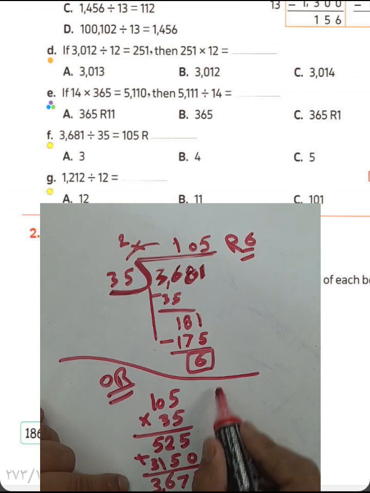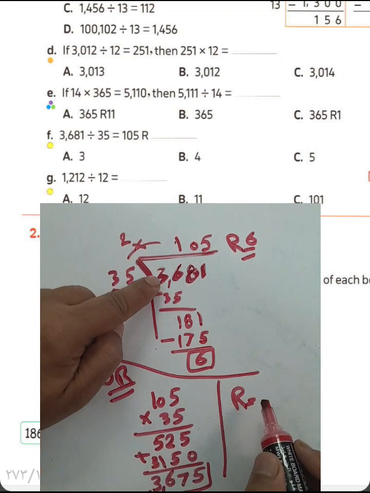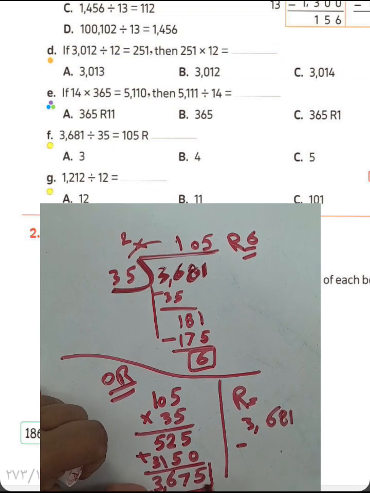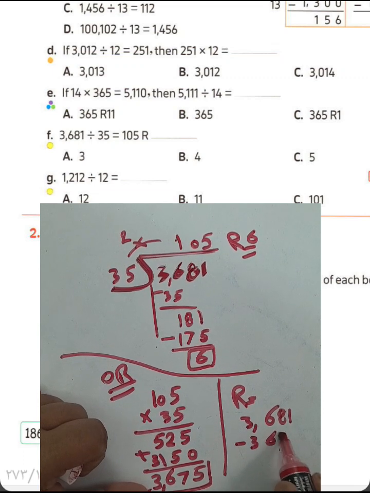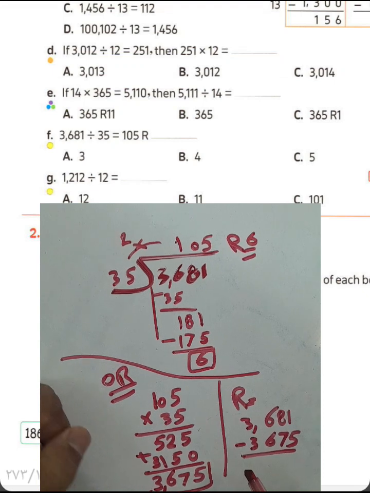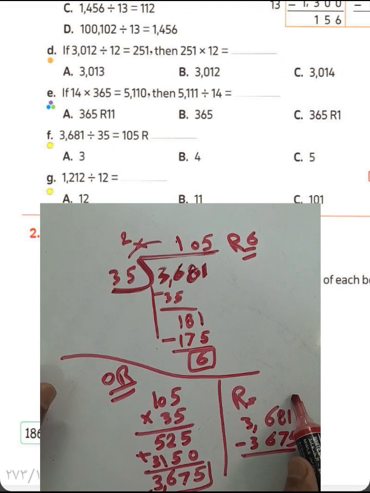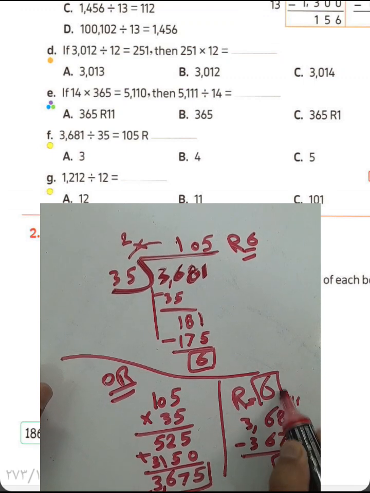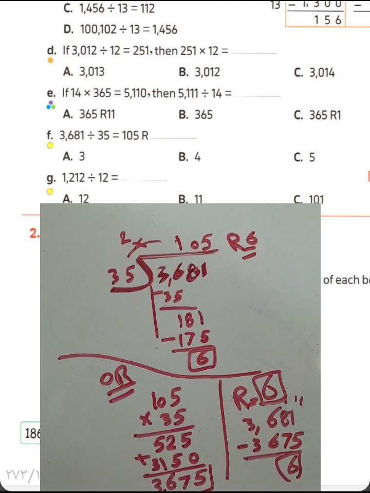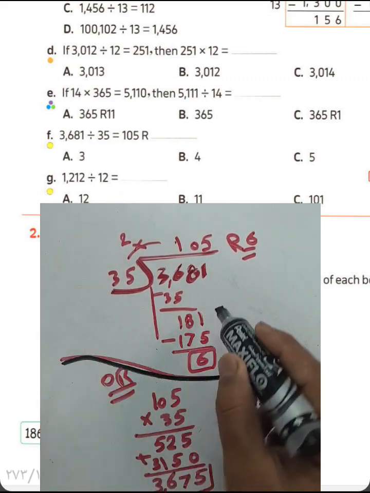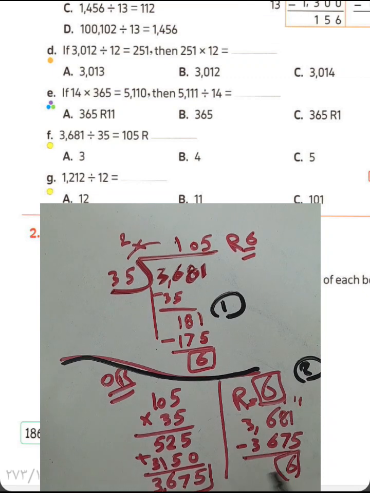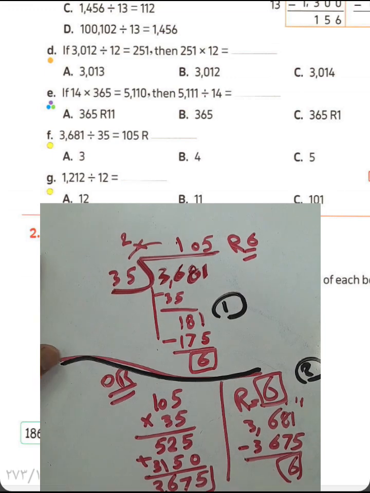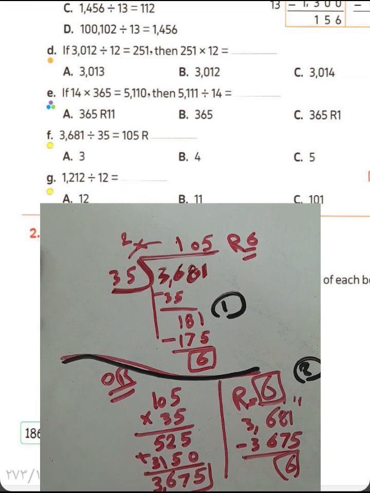Then find the remainder, the difference between the dividend 3681 and the result here, 3675. It will be 11 minus 5 equals 6, so the remainder here will be 6. You have two methods for this example, the first method and the second method. When you want to find the result, you must solve it by any method you like. Okay, that was question letter F.